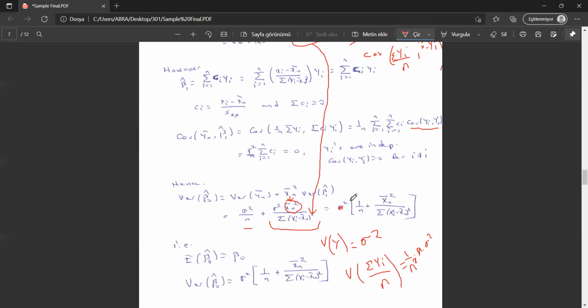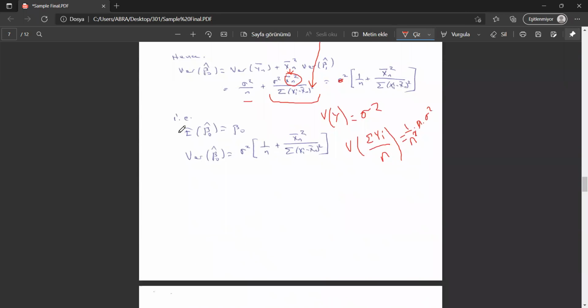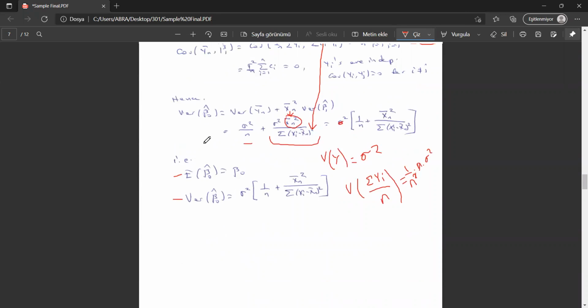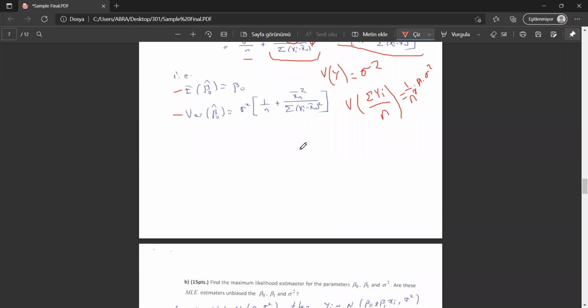In sigma square parenthesis, you can write 1 over n plus x bar square over summation xi minus x bar square. This is the variance of beta 0. And as a summary, expectation of beta 0 hat is equal to beta 0, and variance of beta 0 hat is equal to this term, sigma square times blah blah.